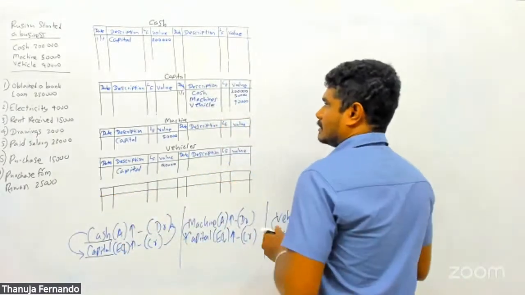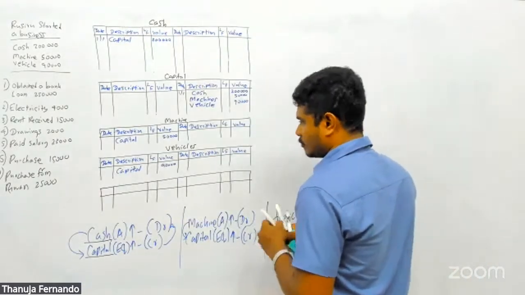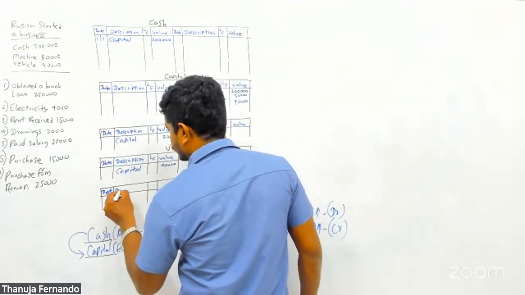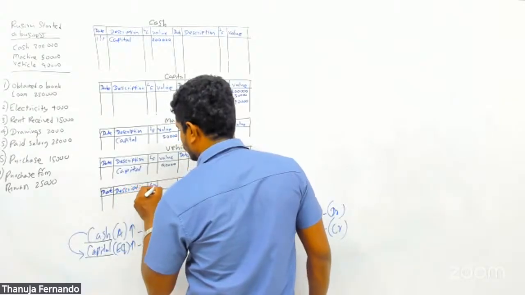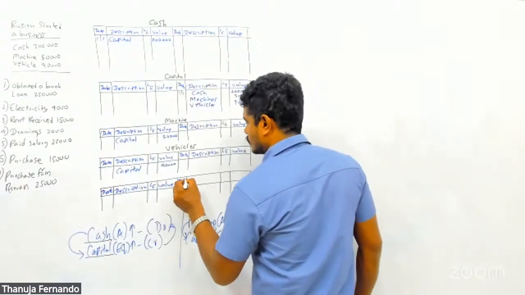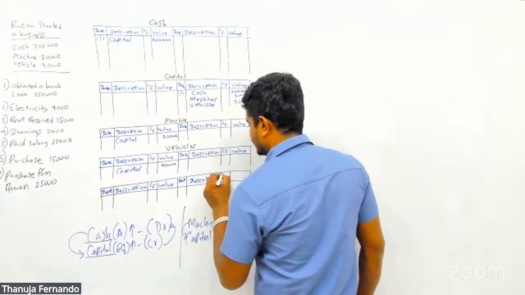First one, obtain a bank loan, right? What happens when we obtain a bank loan? Tell me someone. As a bank loan, we receive cash. Then what happens?